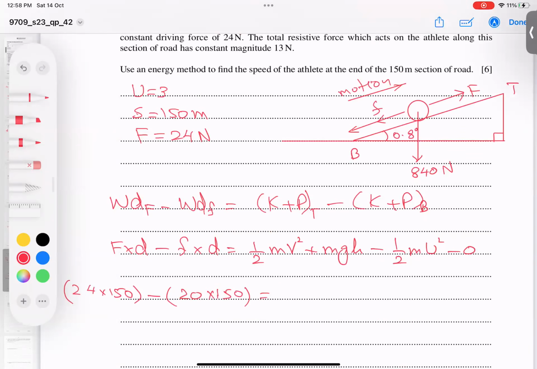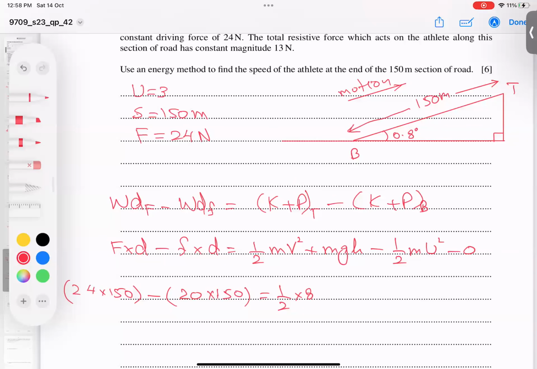Next is half mv squared, where the mass is 84. There is no need to find the weight component, because we can do without this concept. Total distance is 150 meters.